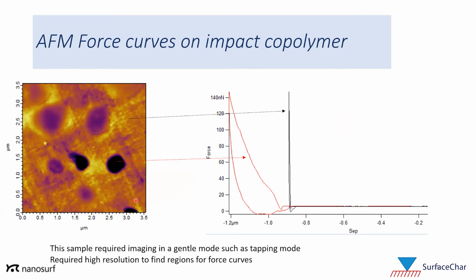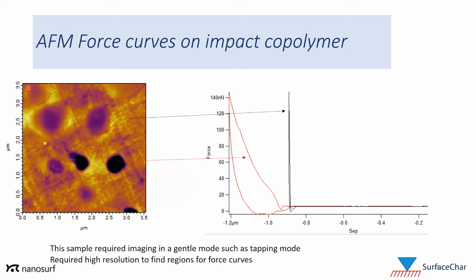I'm switching to some AFM measurements. This is one of my favorite examples of how to take advantage of force curves. It's one of my teaching examples in my courses.